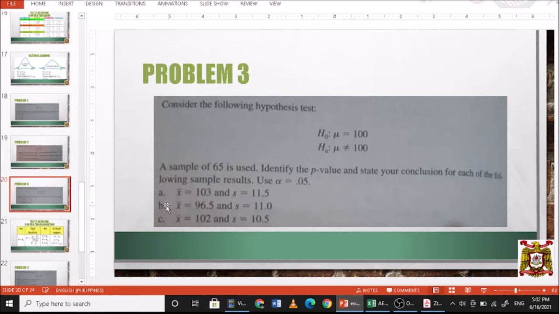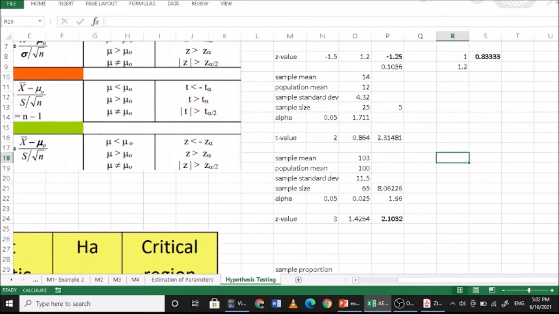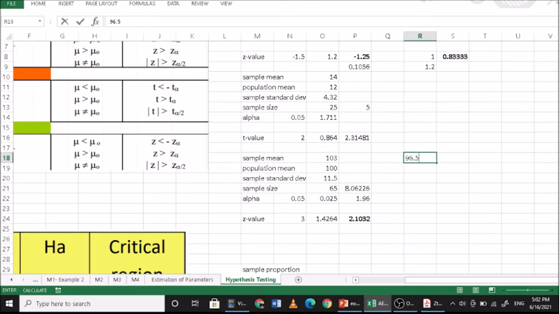Okay? So let's also try problem B. The sample mean is equal to 96.5 and the sample standard deviation is equal to 11. The rest is as is.